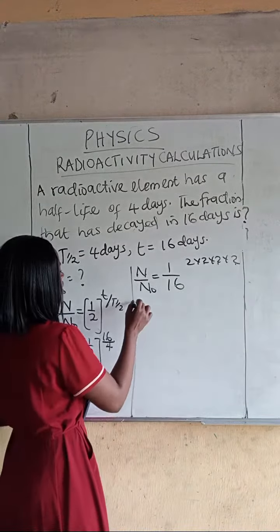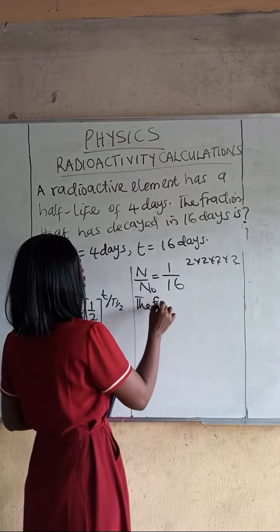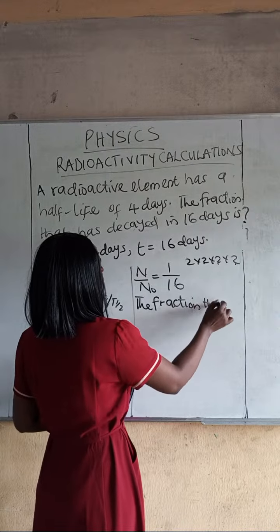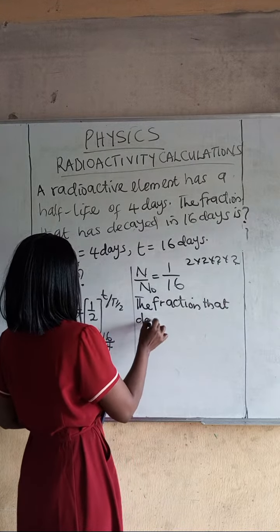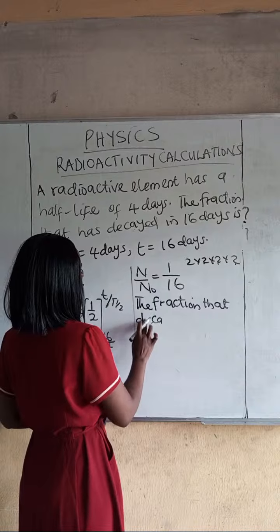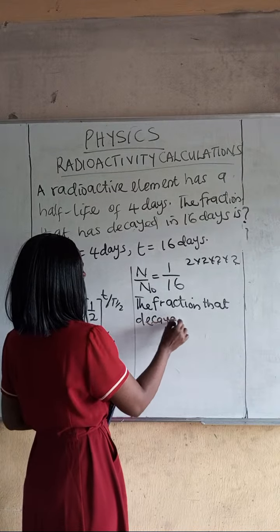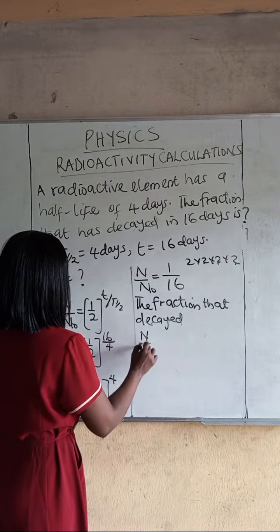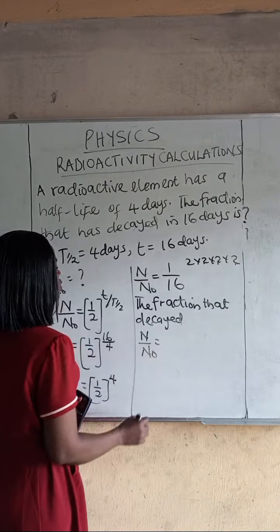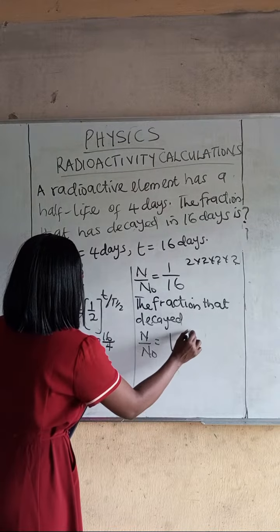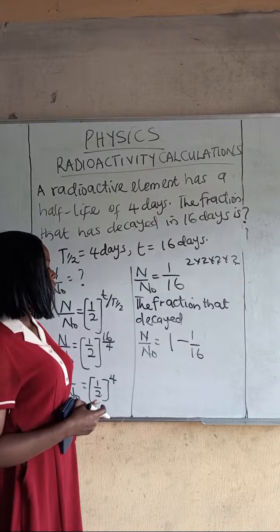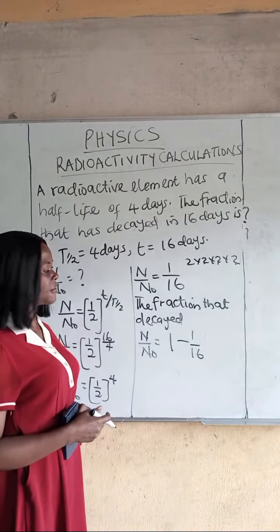I will now say the fraction that decayed is equal to 1 minus 1 over 16. 1 minus 1 over 16.